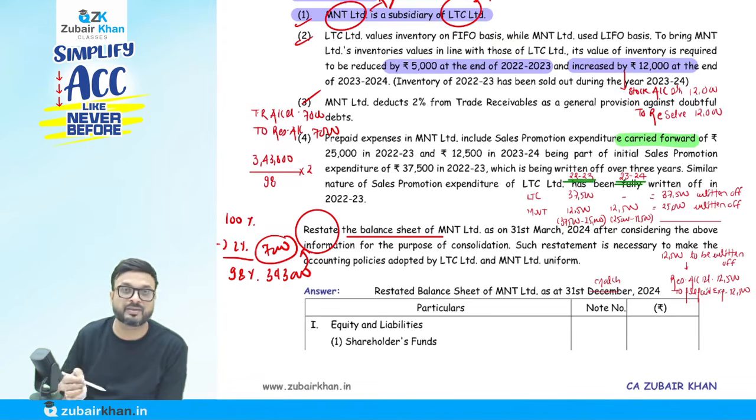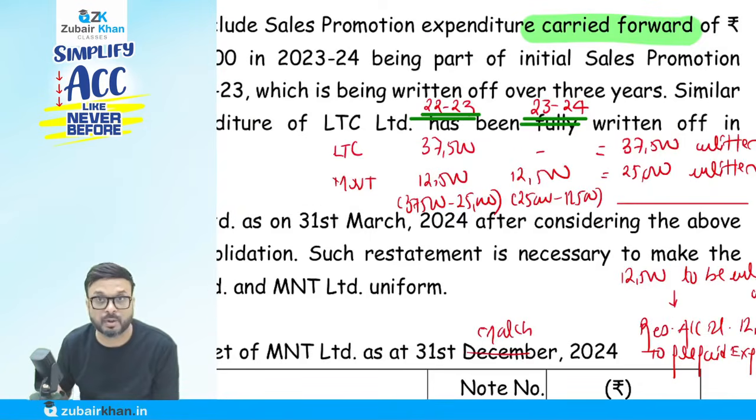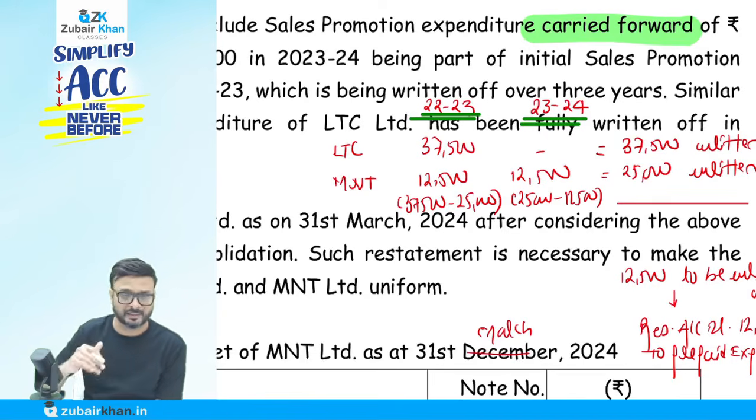To make it simple, every year they are writing off over 3 years: 37,500 divided by 3, every year 12,500. But only 2 years have happened, 22-23 and 23-24; 24-25 has not yet come. But the same amount of expenditure was written off by LTC in the first year only. So one company has written off 12,500, 12,500 over 2 years, and the third year has not yet come.